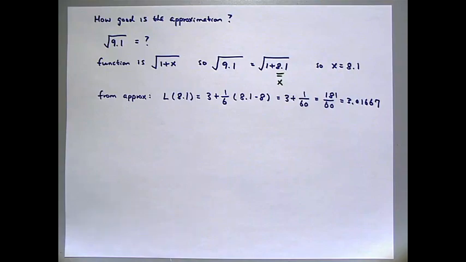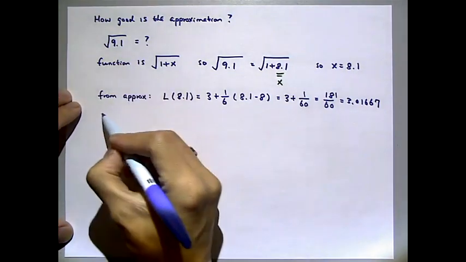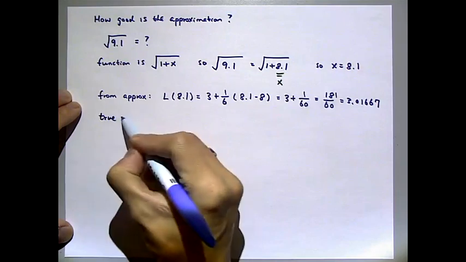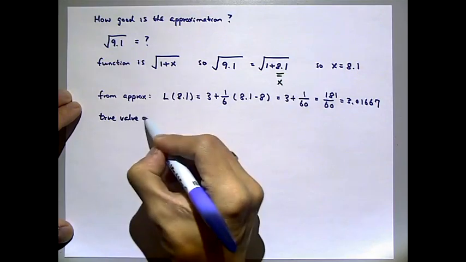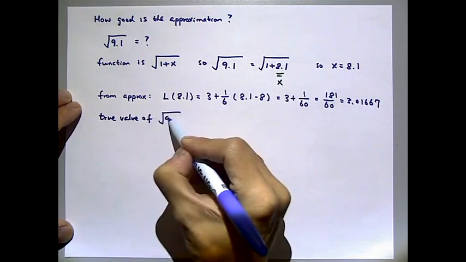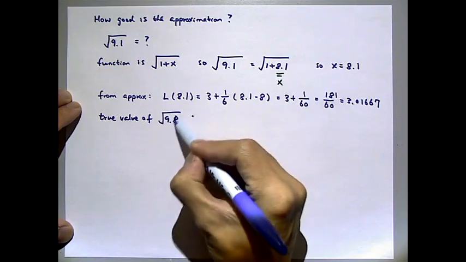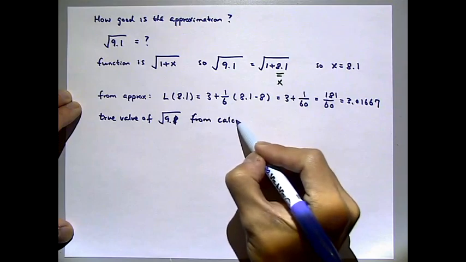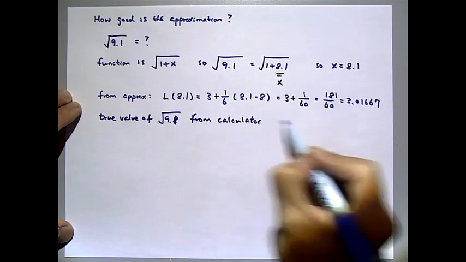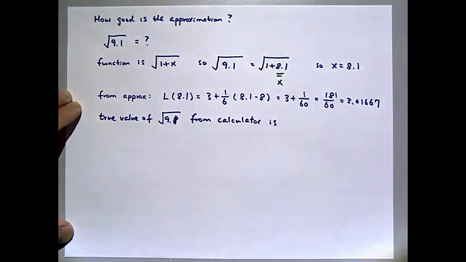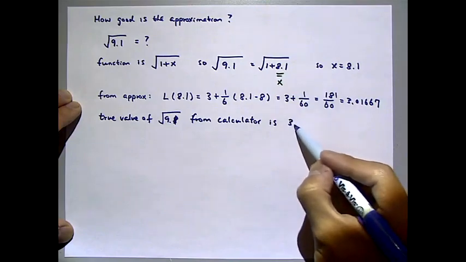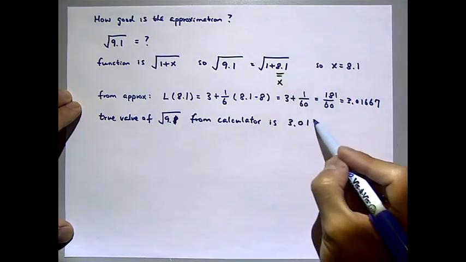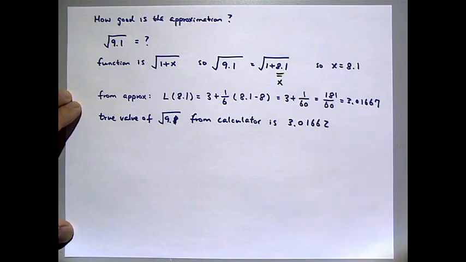Compare that to the true value of radical 9.1. You put that into a calculator, you get 3.01662.